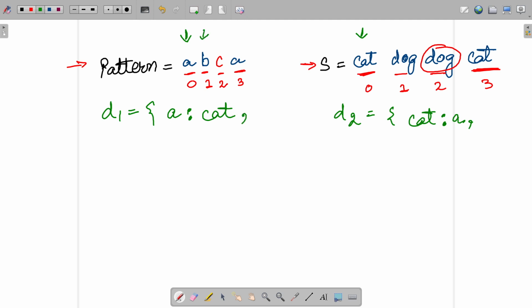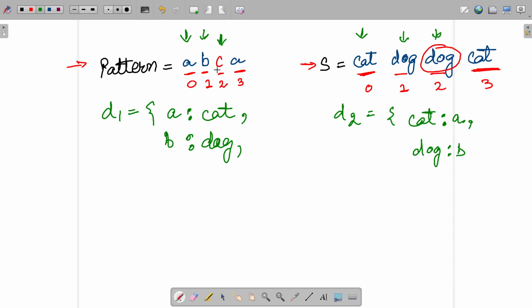Now let's move next. We see B is equivalent to dog, and B is not present in the dictionary, so we insert it. This is dog, and similarly in the other dictionary we insert dog mapped with B. Now we move on.